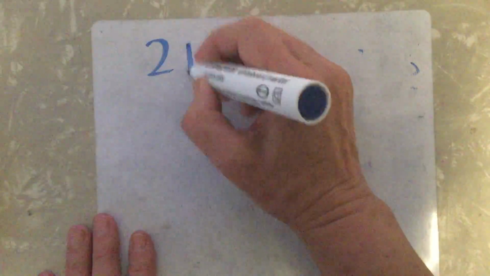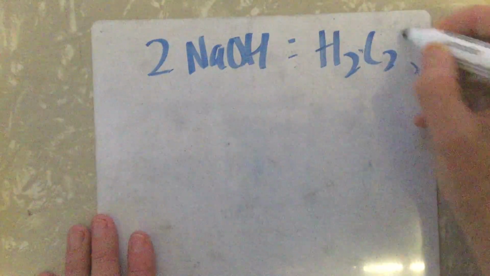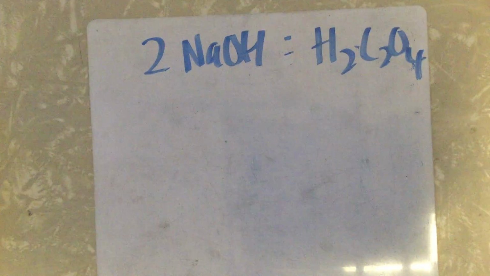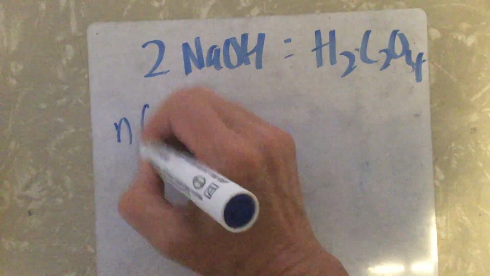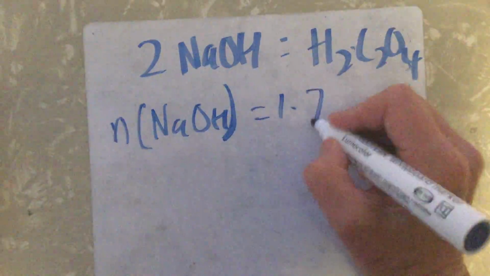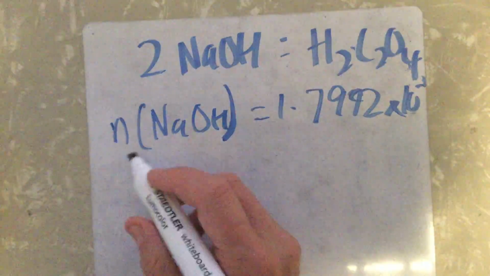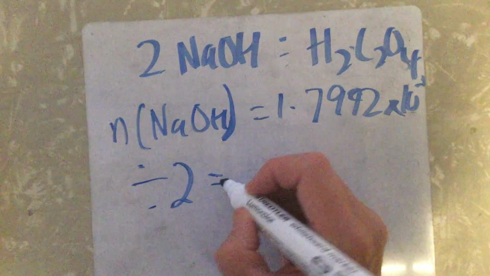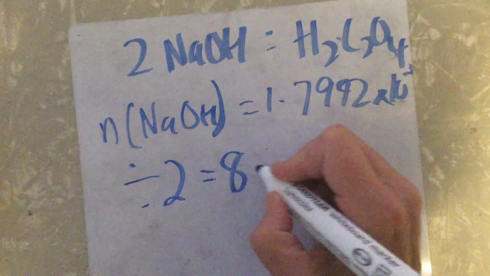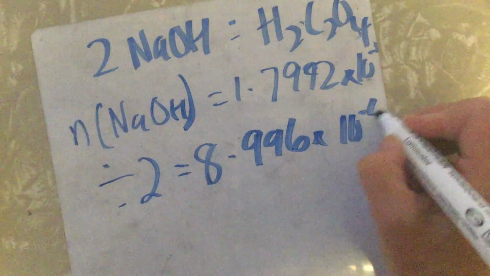So the mole ratio that we need is 2 moles of NaOH to every 1 mole of oxalic acid. So we take our number of moles of NaOH, which we previously determined to be 1.7992 times 10 to the minus 3, and we divide that by 2 to give us 8.996 times 10 to the minus 4.